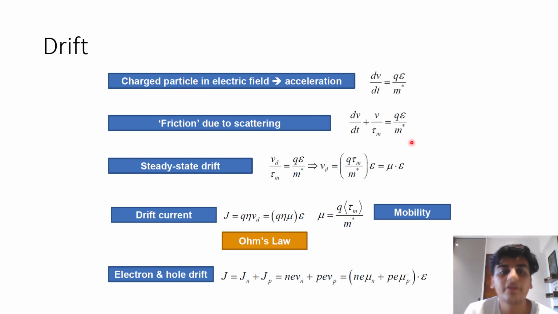Now, we are interested in what is the steady state drift, right? Because ultimately things are going to take the steady state, and in some sense the average is going to give us the steady state.